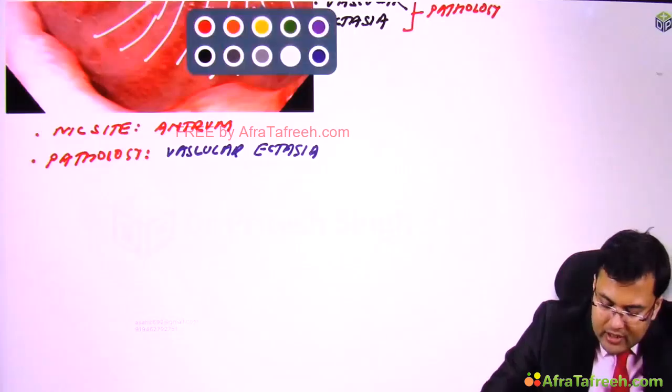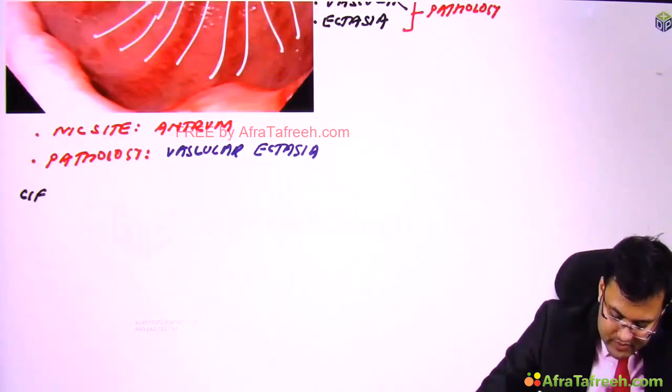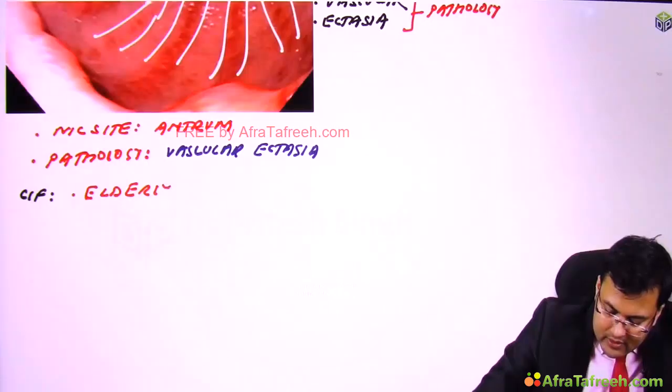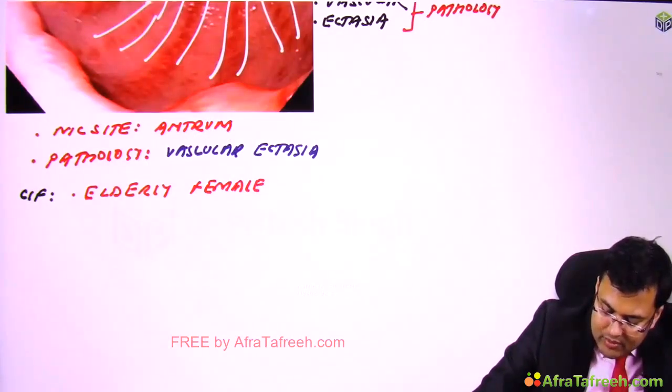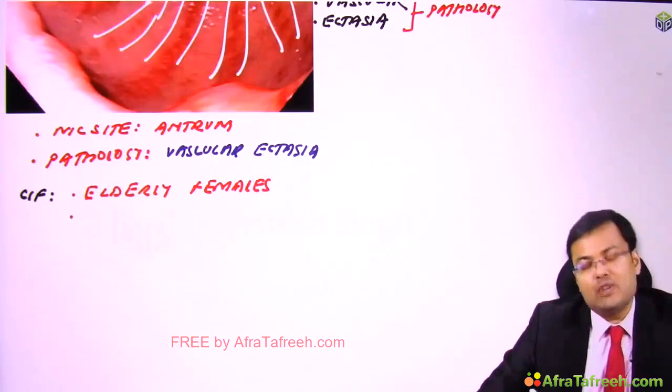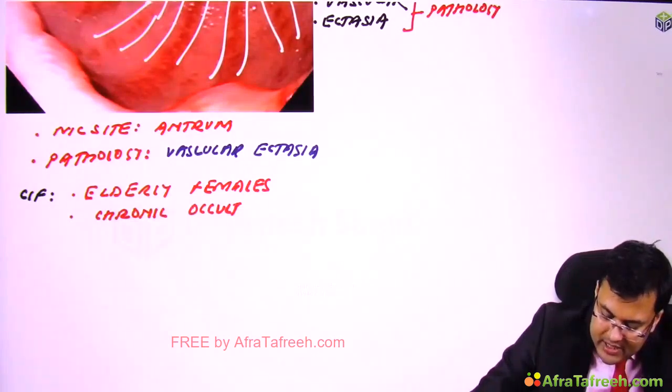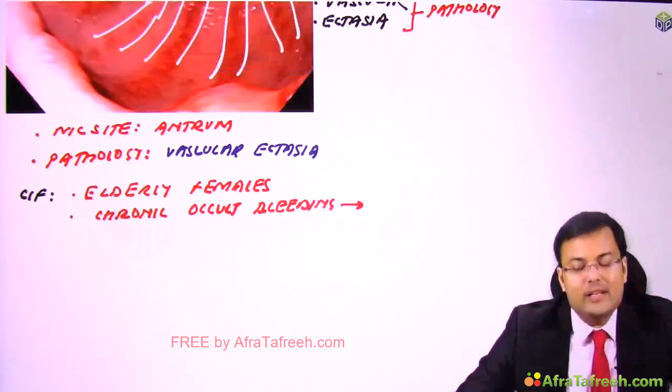Now see the clinical features. It is seen in elderly females. And what's the problem here? Because of vascular ectasia, there is chronic occult bleeding. And if there is chronic occult bleeding, it leads to what?